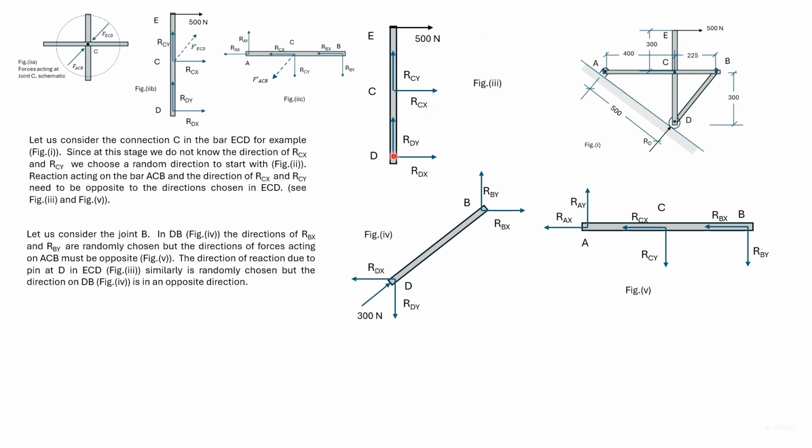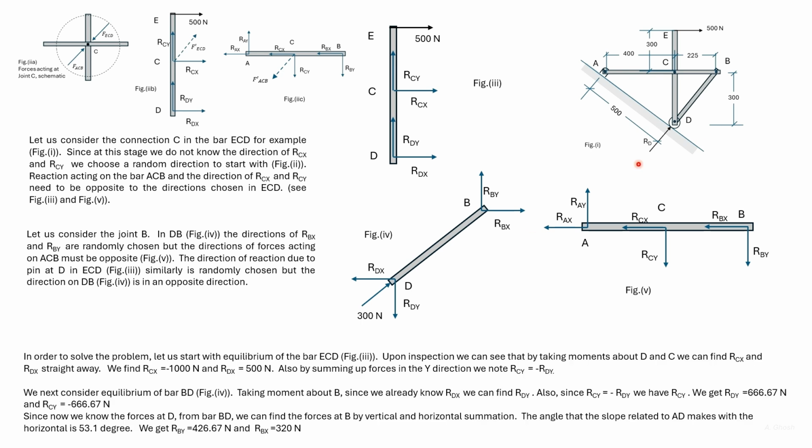Looking at forces in the vertical direction, we see that RCy is equal to minus RTy. So we have found out RCx, RTX, and found the relationship between RCy and RTy.